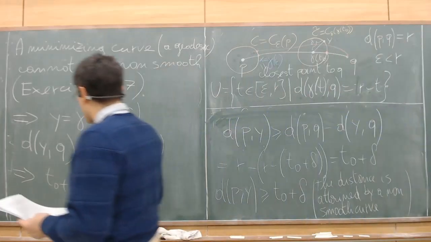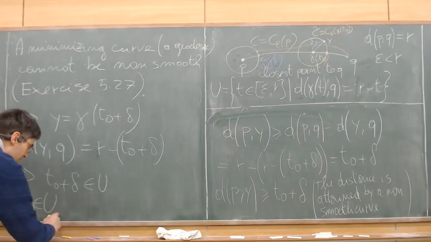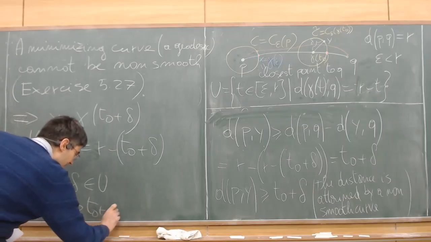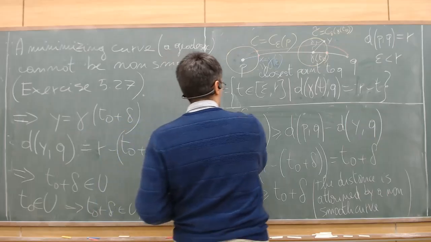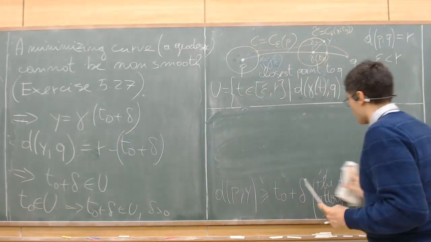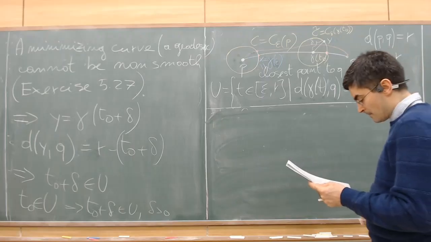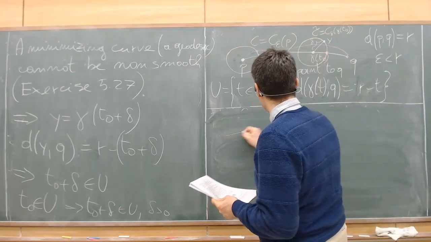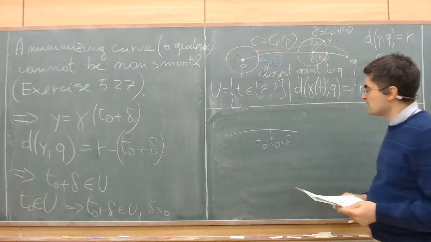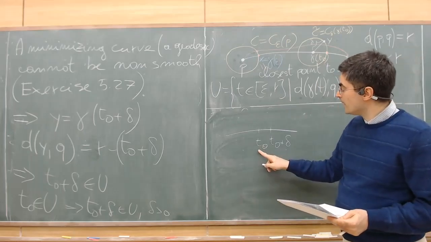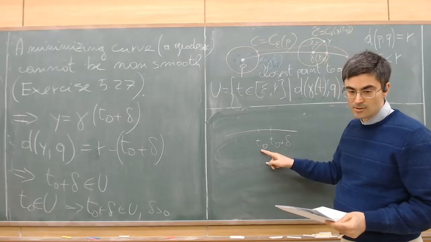We started with T0 in U, and we proved that T0 plus delta is in U with delta positive. So if this is T0, we proved that a right neighborhood of T0 is contained in U.